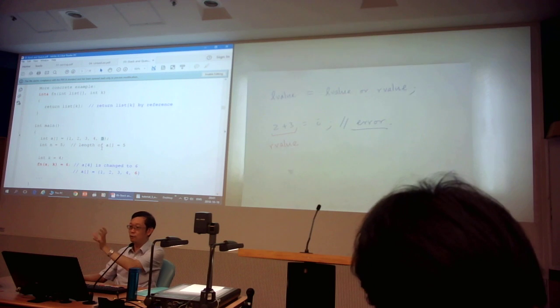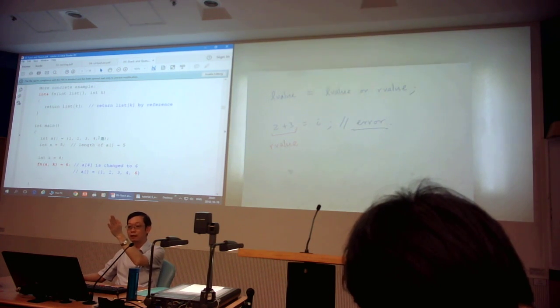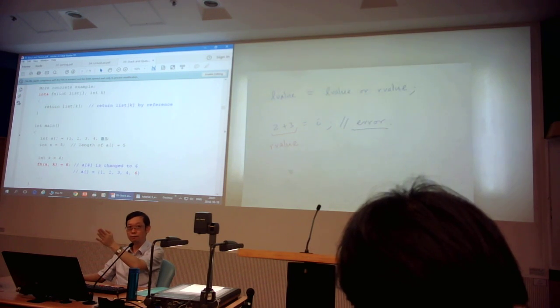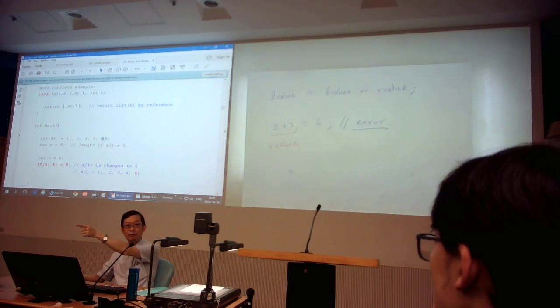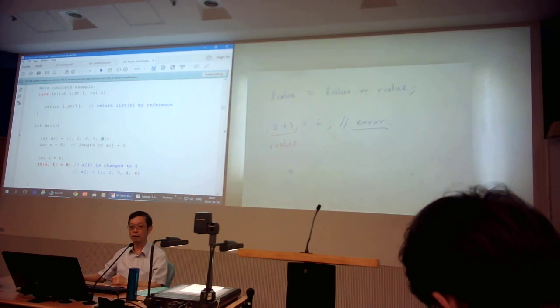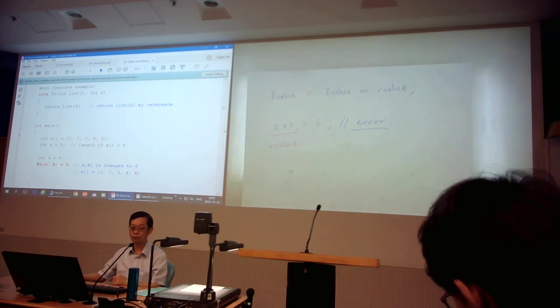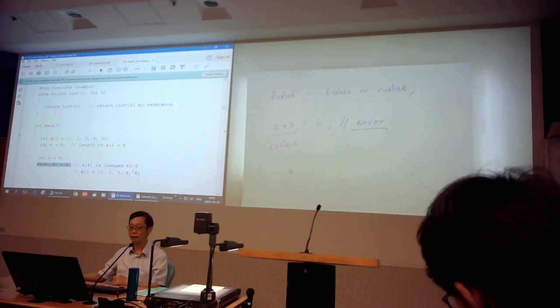Returning this value by reference is actually returning the memory location storing the value 5, and you assign the value 6 to that location. So after the execution of this function call, the last element of A is changed to 6.